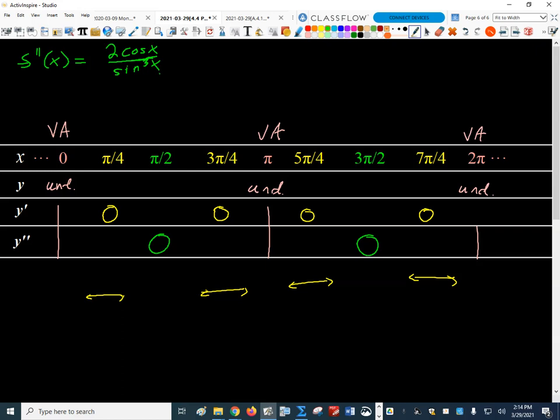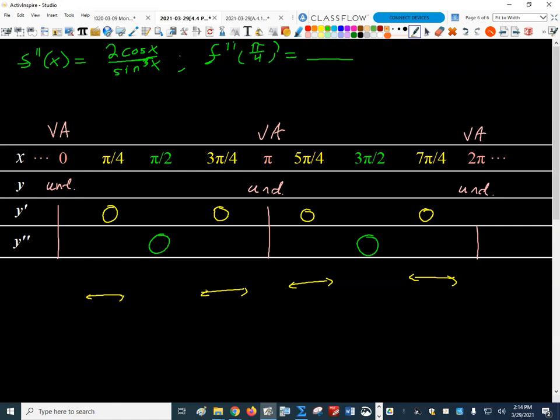Or sine cubed x. Okay, so what about at pi fourths? What's that going to give us?